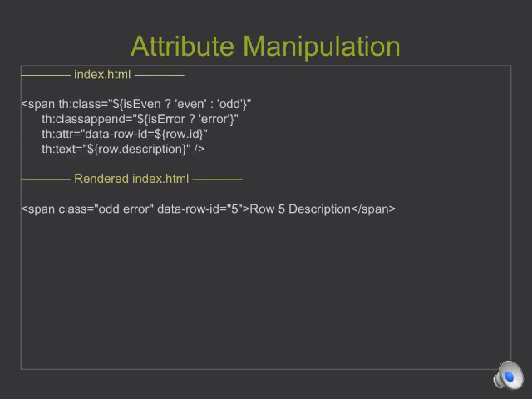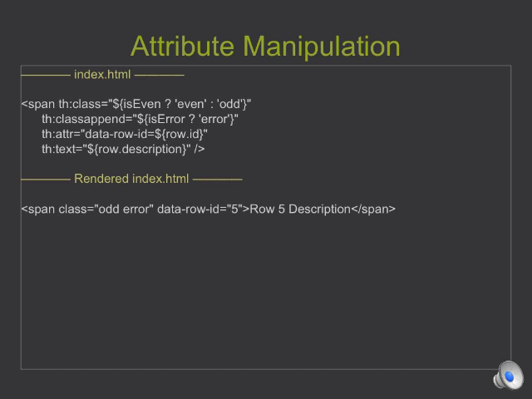Okay, so we've talked about text and object and some other things. A lot of times you'll want to affect the actual attributes on the DOM elements themselves, like class, for example. So let's take a look at everything that's going on here. There's a little bit.